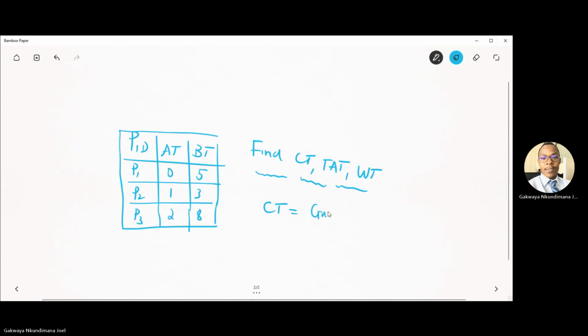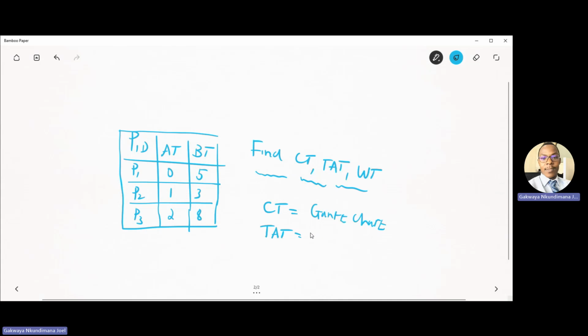We use a Gantt chart. A Gantt chart helps us know the time the process arrived and the time the process completed. I will show you that in a minute. And we calculate turnaround time.